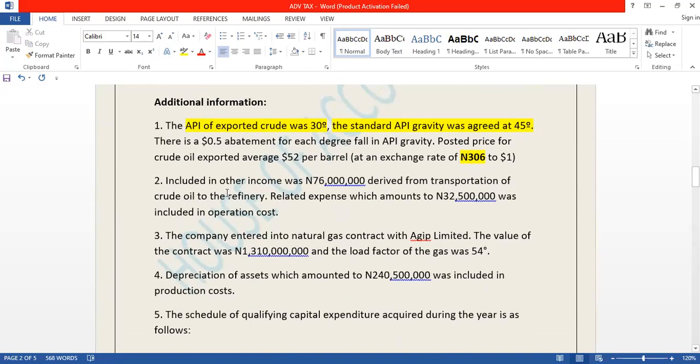The next note is talking about included in other income. So included in other income was 76,000 derived from transportation.